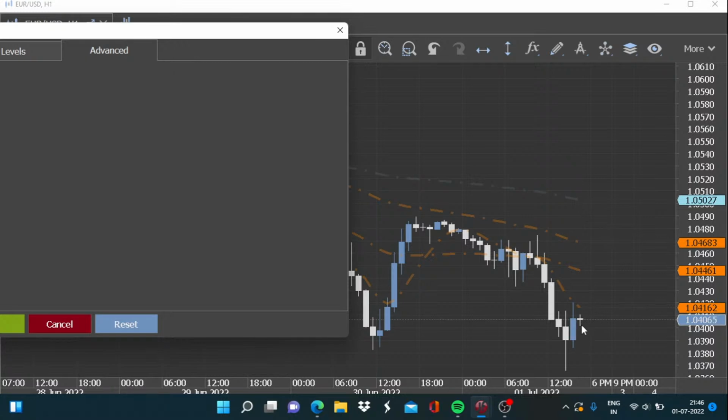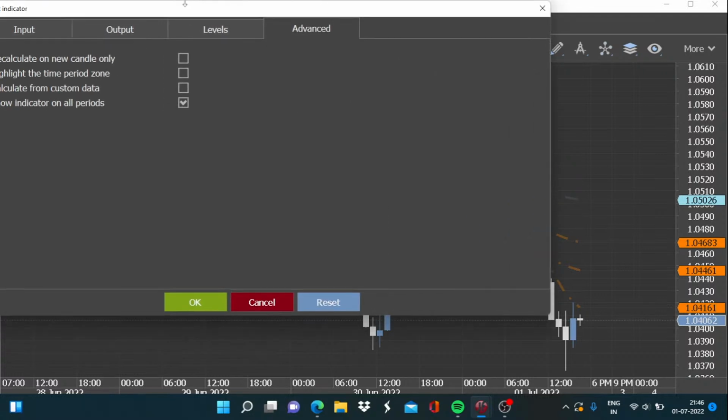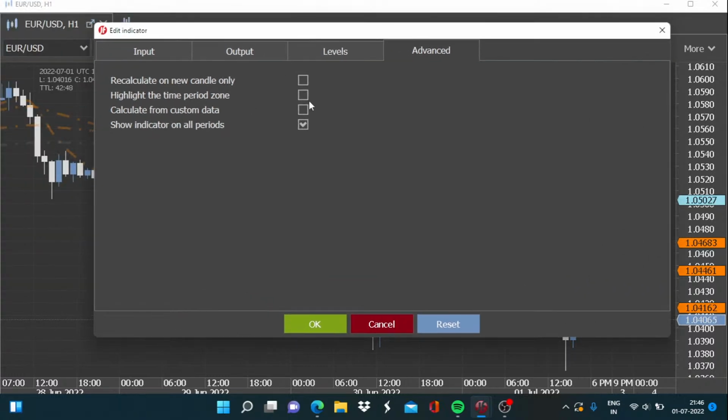If it is going on the lower side, then you will see slight changes in the WMA's pricing. But if you opt for these options, then for each candle period, the calculation will be done only once, and only when a new candle is plotted, that's the time when we have the new calculation for the WMA, and that will remain constant for that particular candle period. So that is also one option you can opt for.